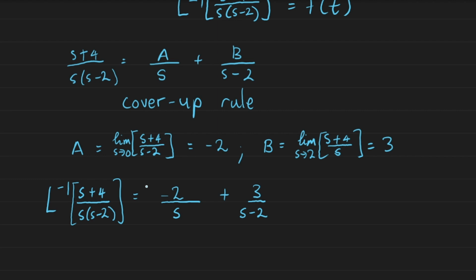And we are taking the inverse Laplace transform of these expressions. When we do that, we find that this is equal to minus 2. That's the inverse Laplace transform of 2 over s using our standard transforms. And then we have 3 times 1 over (s minus 2). Using, again, our standard transforms, this is just e to the power 2t.